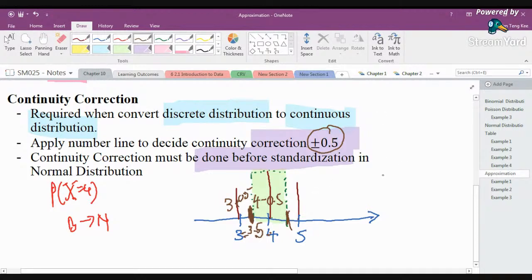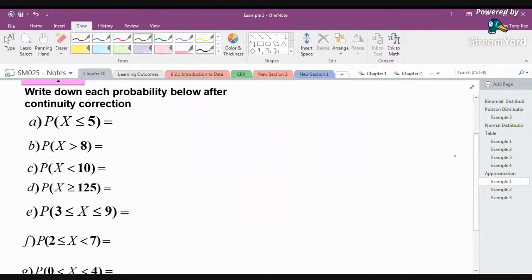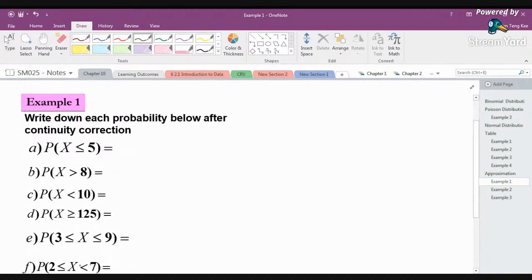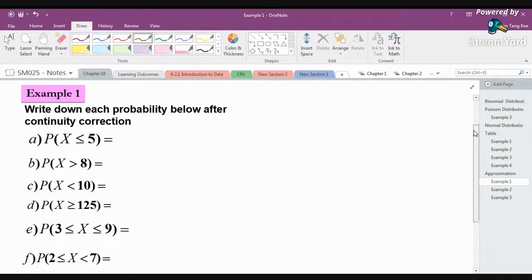Okay, now without further ado, let us refer to example 1. So this is the example 1 that I want to refer to. There are a lot of examples in your lecture notes. In your lecture notes, they show you more examples with diagrams as well as solutions, on how to decide the continuity correction.